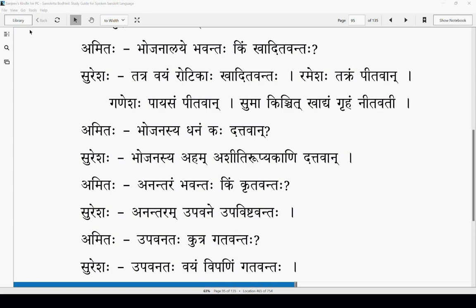Takram is basically buttermilk. Okay. And how about payasam? Rice milk. Payasam is a kheer, sweet rice milk, right? Okay, kheer.